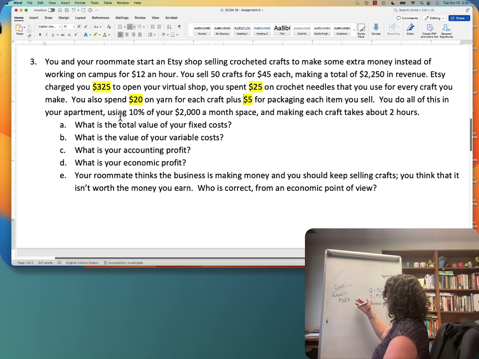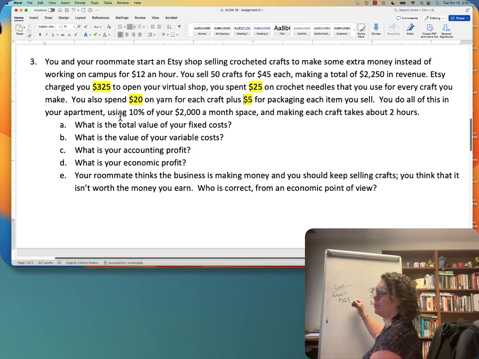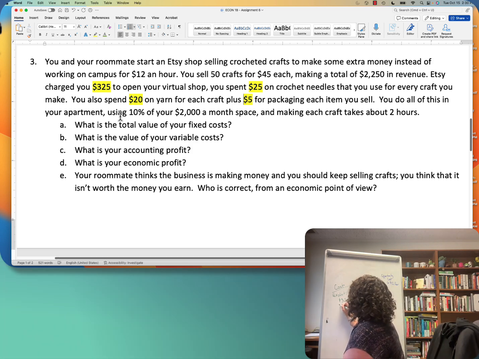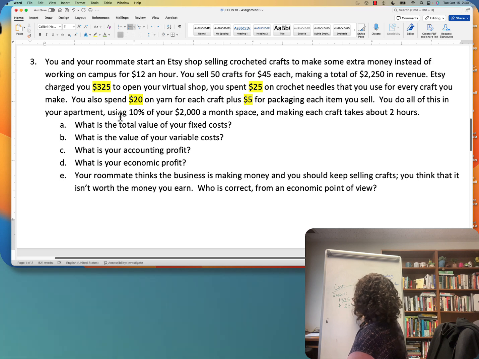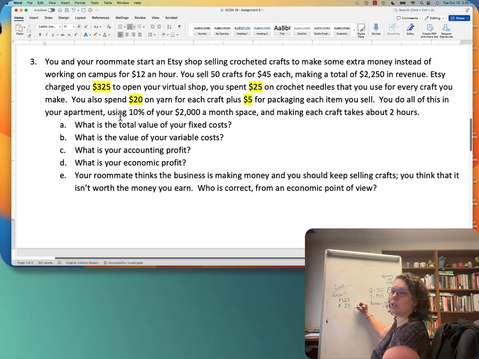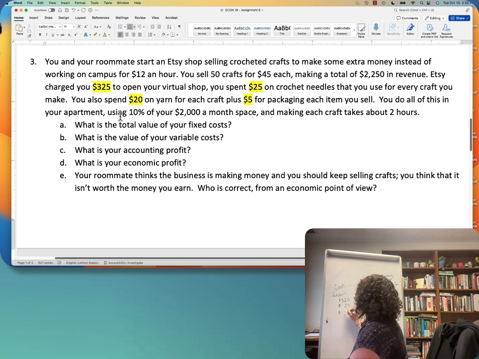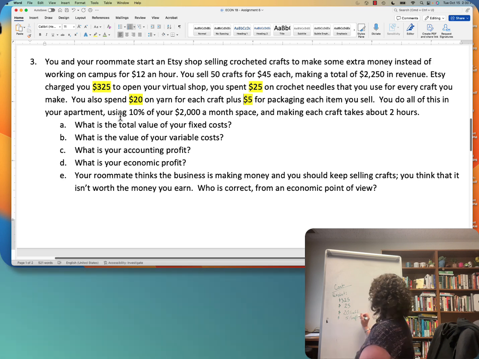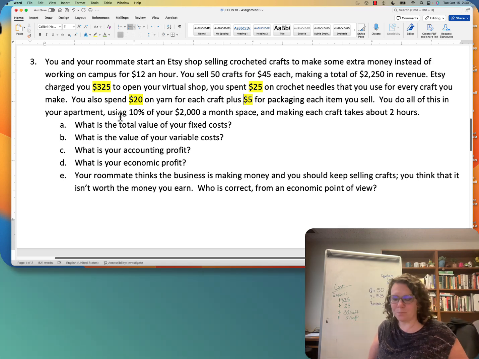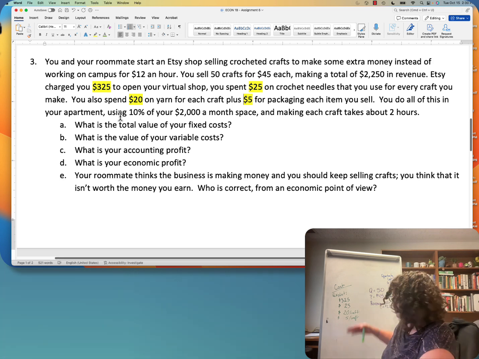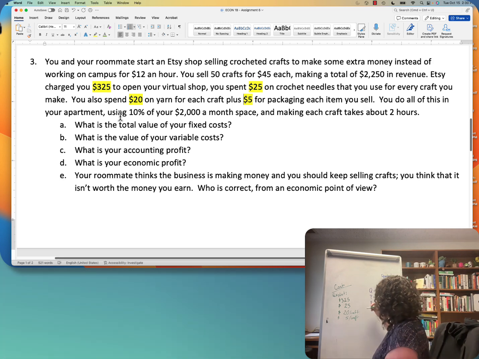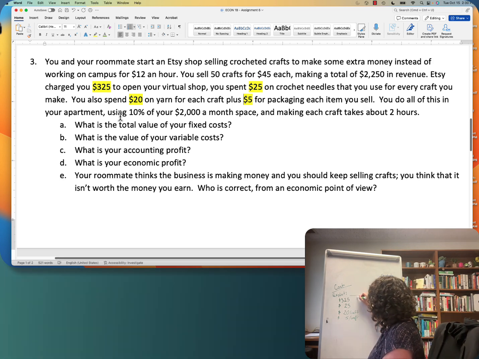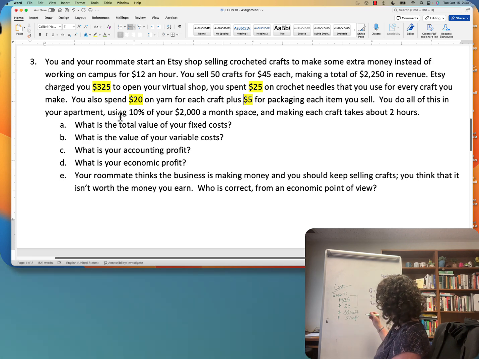So our explicit costs are going to be our $325 Etsy shop, our $25 for the crochet needles or crochet hooks, and then we're going to have $20 per craft for yarn and $5 per craft for packaging. Already we see a difference between these explicit costs. These two are the same no matter how much we produce.